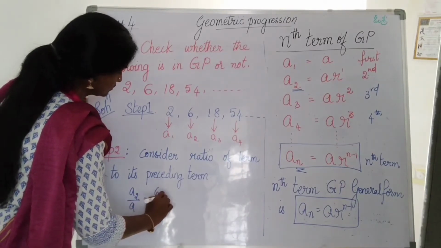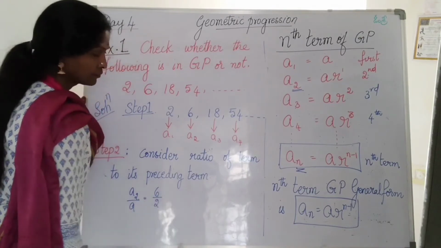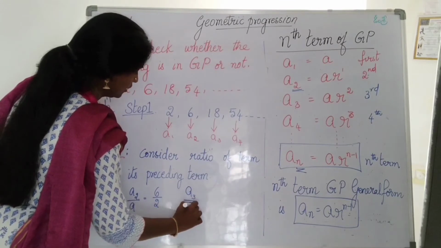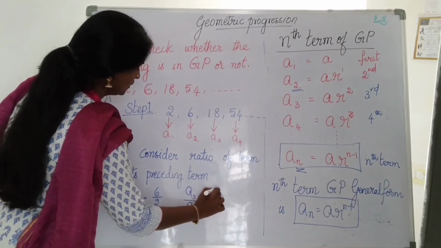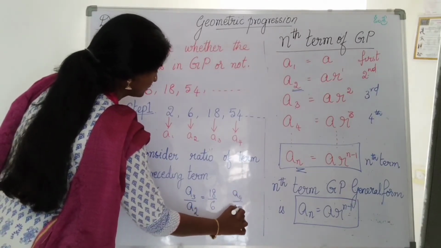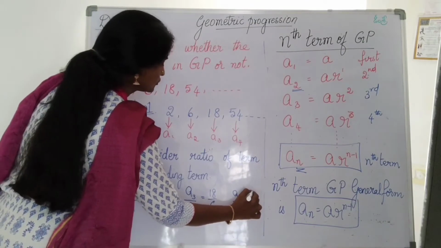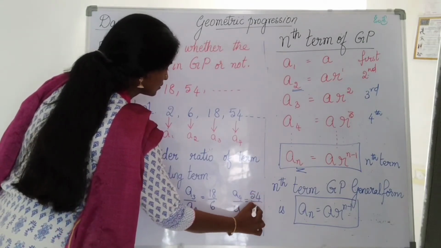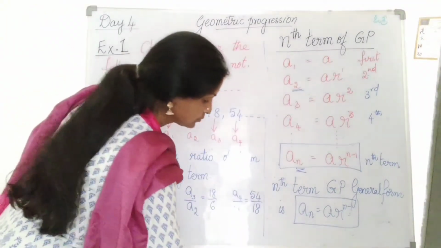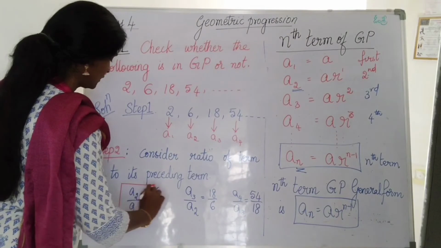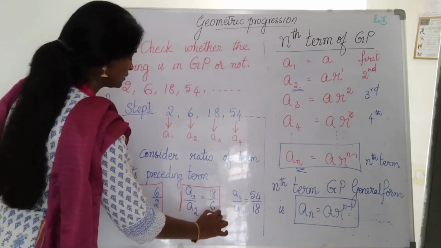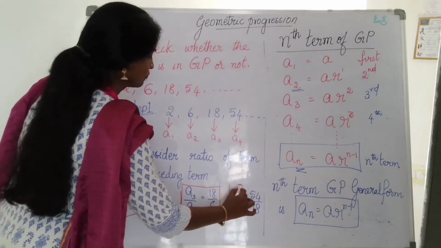So here I am writing A2 as 6 and this one as 2. Similarly consider A3 by A2, then consider A4 by A3. Now I have written here the ratio of the second term to the first term, the ratio of the third term to the second term, and this one.